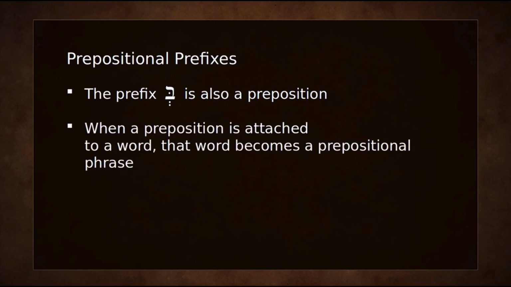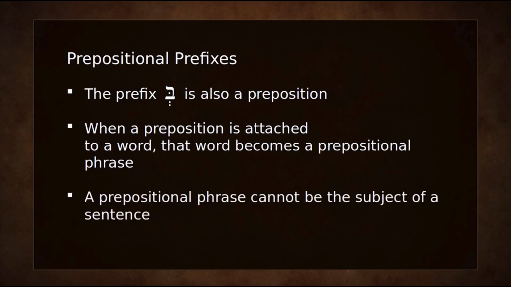So when the bet prefix is attached to a noun, then that combination of prefix and noun becomes what we call a prepositional phrase. The reason that's important is because a prepositional phrase cannot be the subject of a sentence.